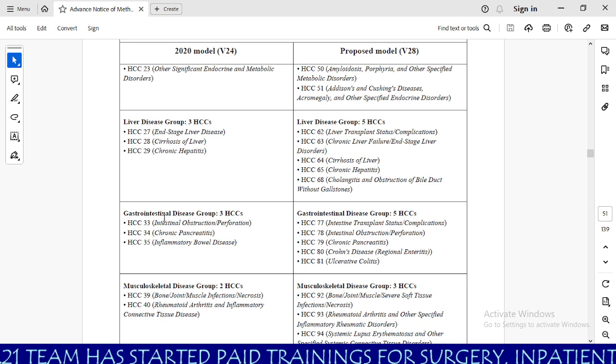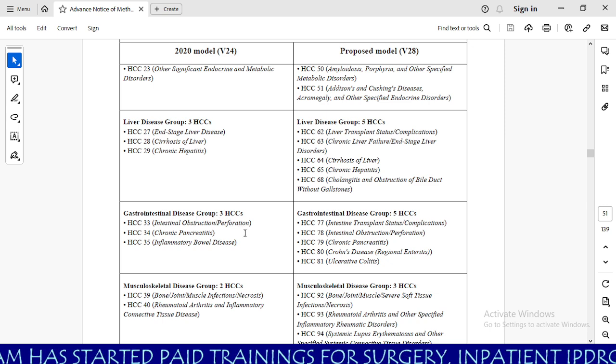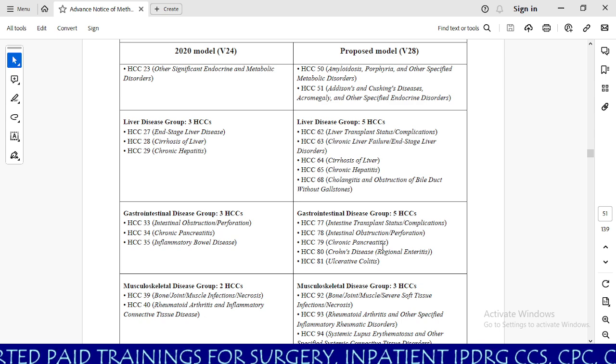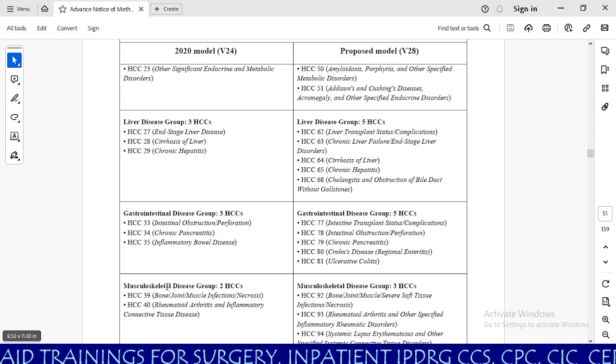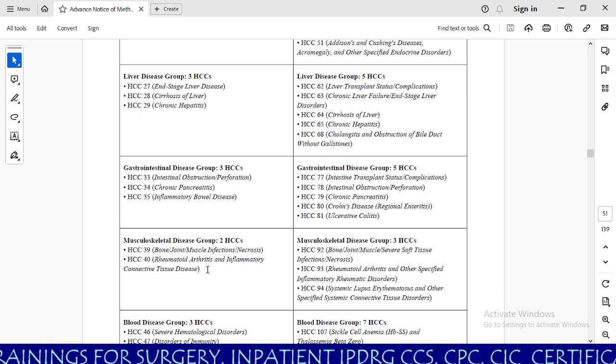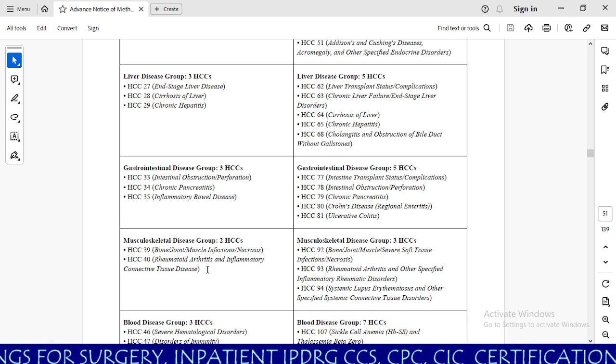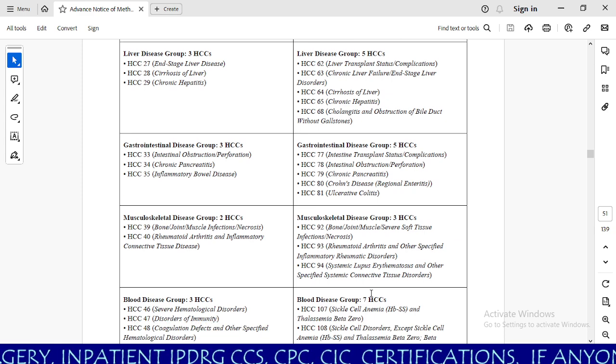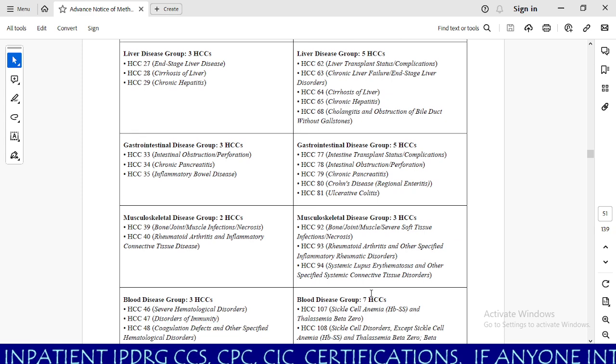For example, if we take the gastrointestinal disease group, in version 24 we have 3 HCCs. In version 28, we have 5 HCCs. If we take the musculoskeletal disease group, we have 2 HCCs in version 24, whereas in 2024, we are going to have 3 HCCs.